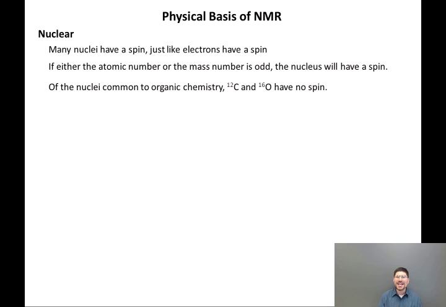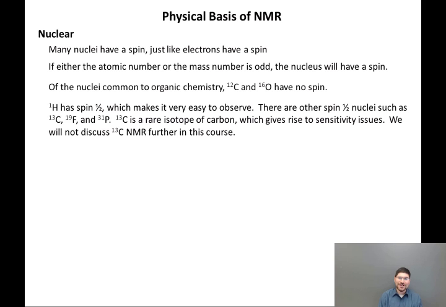So of the nuclei common to organic chemistry, carbon-12 and oxygen-16 have no spin, because carbon, of course, has atomic number 6, and oxygen has atomic number 8. So all of those numbers are even.